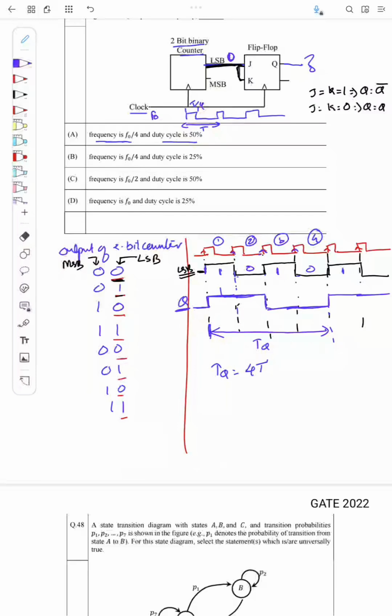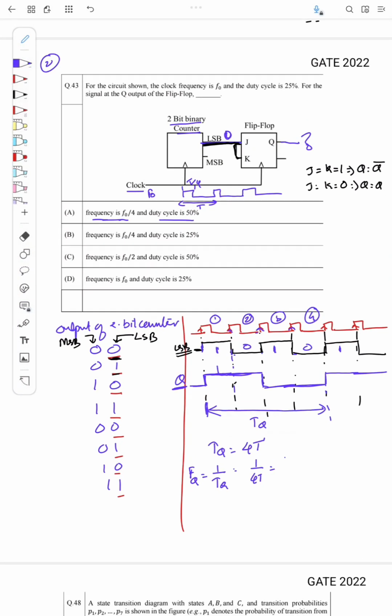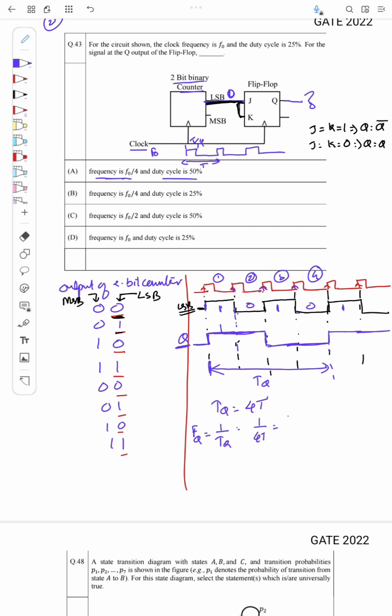And 1 by TQ, which is the frequency of the output, I will call FQ. That will be equal to 1 by 4T, and since the frequency of the clock is F0, I can write F0 by 4. So this is the frequency of Q.